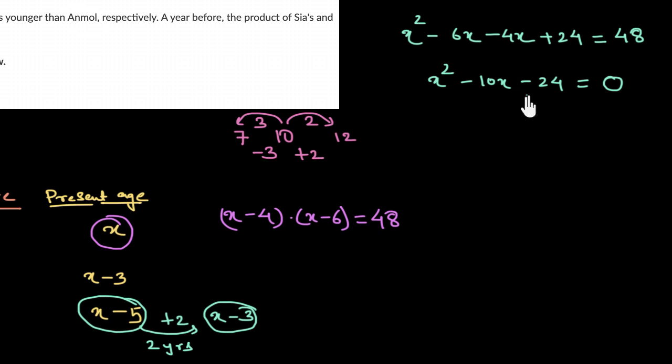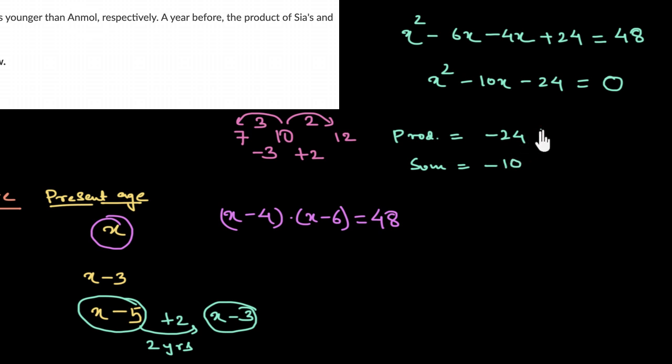So let's use factorization. Basically we would split the middle term, and in order to split the middle term, we are looking for two numbers such that their product is equal to negative 24 times 1, that is negative 24, and their sum is equal to the coefficient of x, that is negative 10.